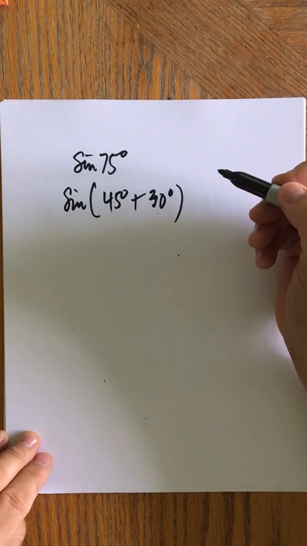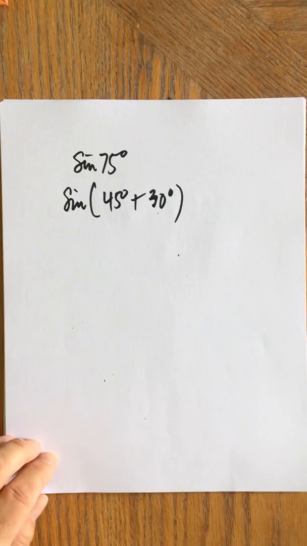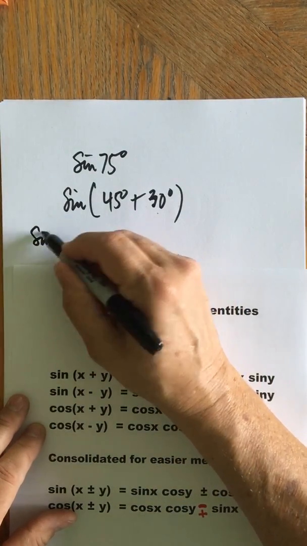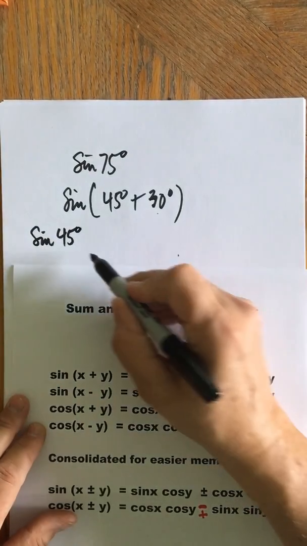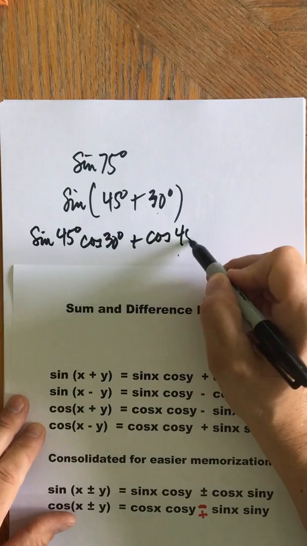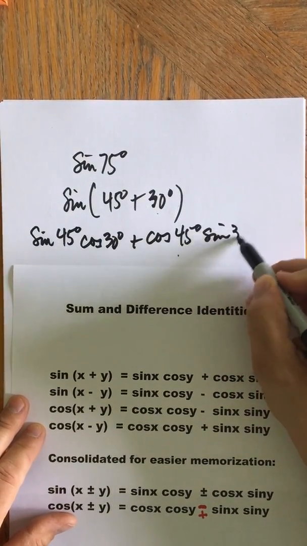And then you say, well, okay, I can use my formula, right? The sine of the sum of two angles, and you'd say, well, the sine of the first angle, cosine of the second angle, plus cosine of the first angle, sine of the second angle.